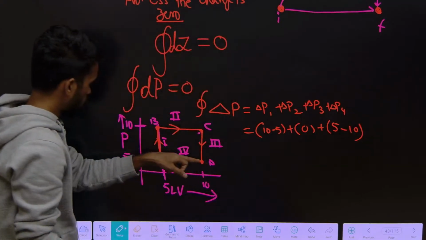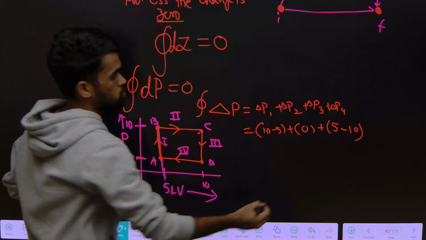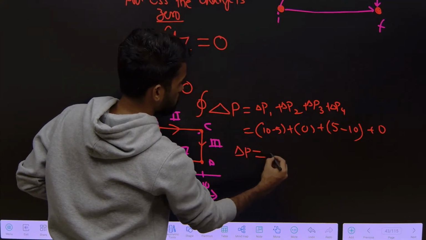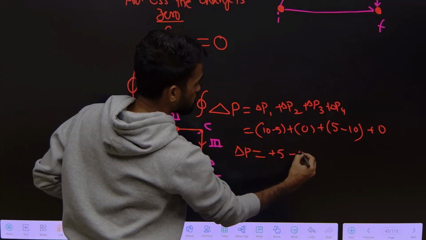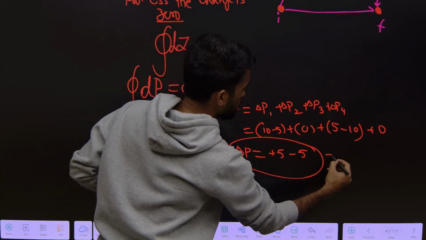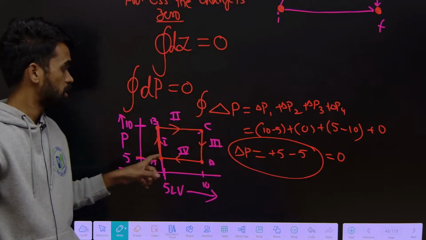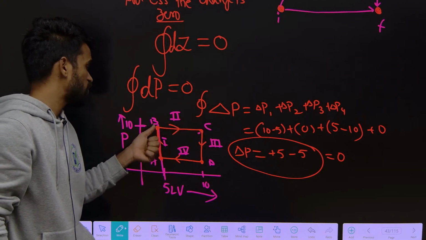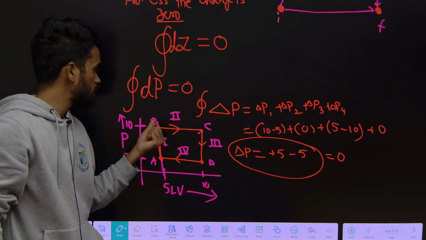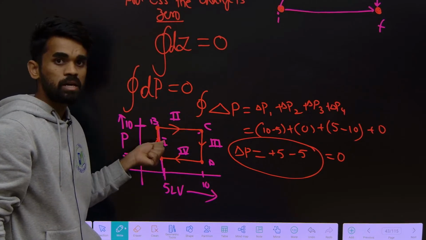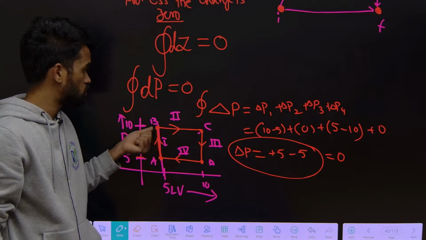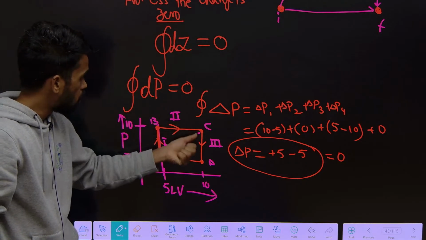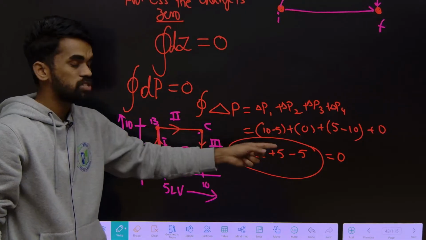And P4, pressure remains constant at 5, so P4 is 0. The final change is plus 5 and minus 5, so the net change is 0. It depends only on the initial and final states. If the initial and final states are the same, the change will be 0. That's why for a state function operating in a cyclic process, the change will be 0.